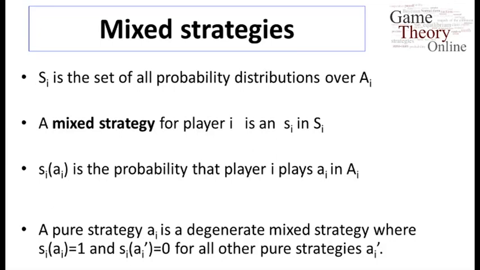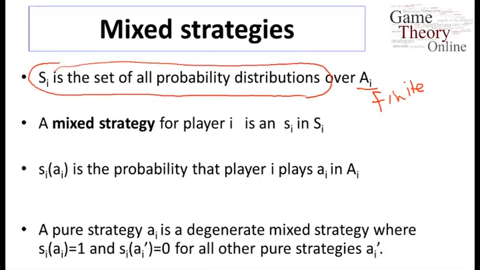So in order to do that, let's define mixed strategies very carefully now. So in particular, we're still sticking with our A_i as the pure actions that each player has available, and for now let's stick with the situation where these are finite sets, so let's take these to be finite. And then we can talk about the set of probability distributions over these.